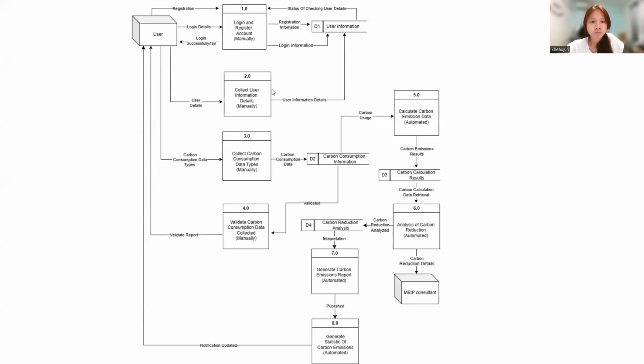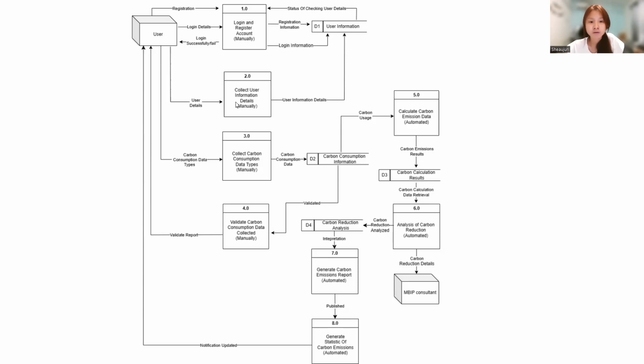Next, process 2 is correct user information detail. In this process, the user can update the new information detail, and this user information detail will also be stored in the user information data store. Next, process 3 is collect carbon consumption data type.